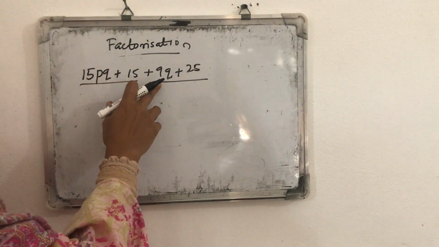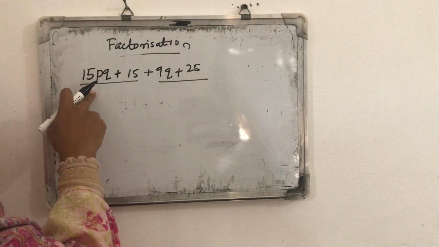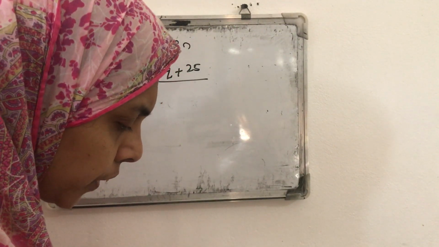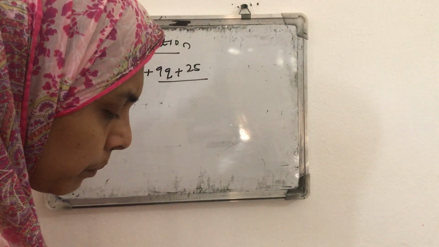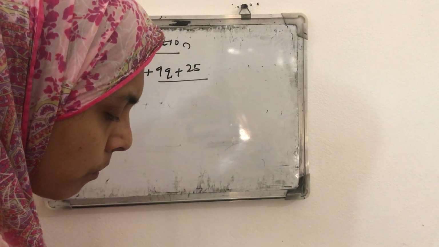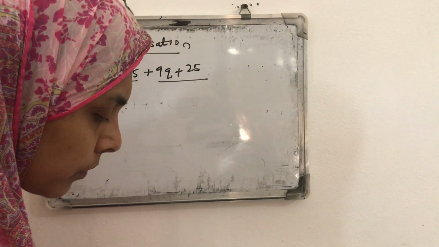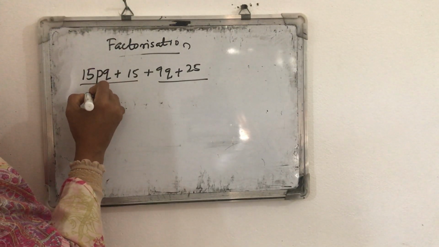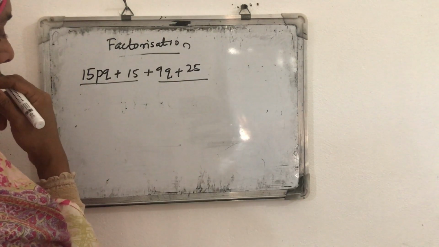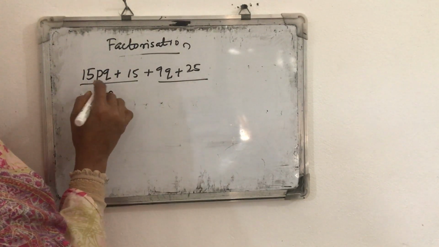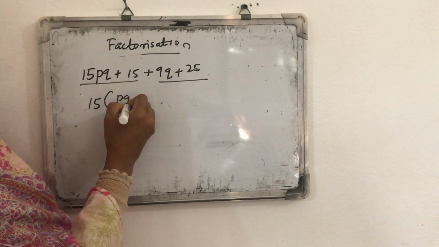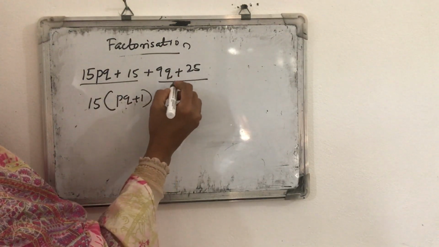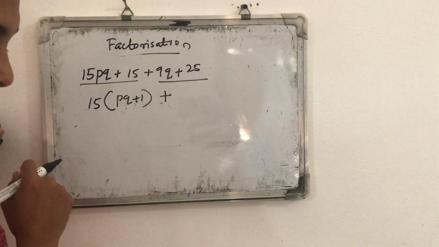If we take 15pq plus 15, then pq plus 1 remains. Then 9q and 25 have no common factor.